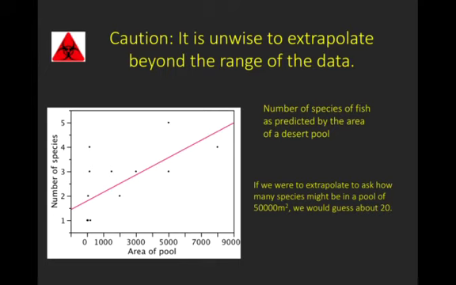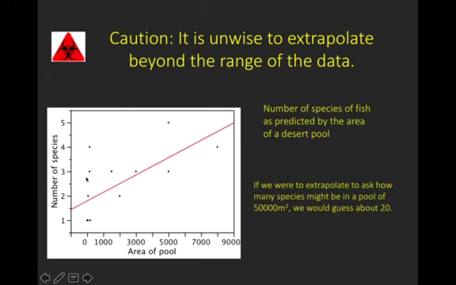You're just studying the presence or absence of pools. Then you could collect data on the presence of species in those pools without actually having to get in there and do the work, because there's a known relationship between area of pool and number of species.